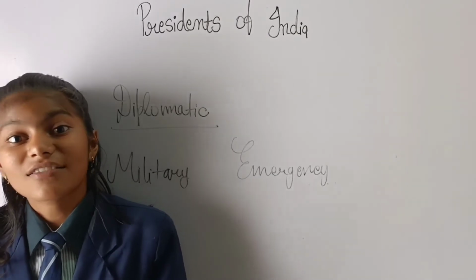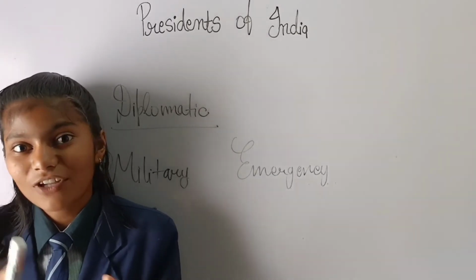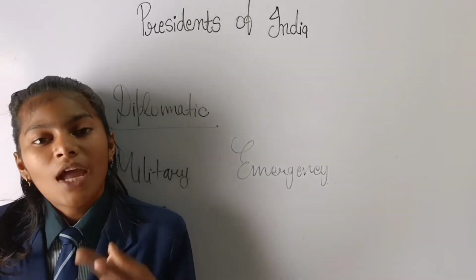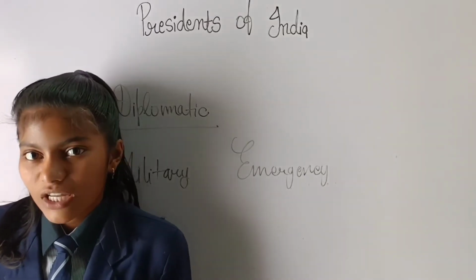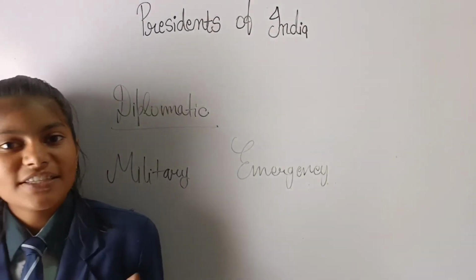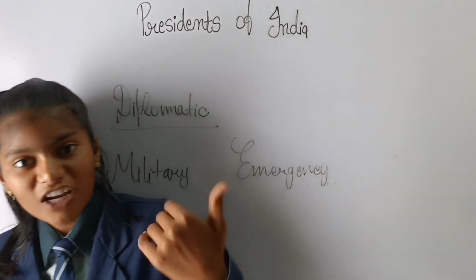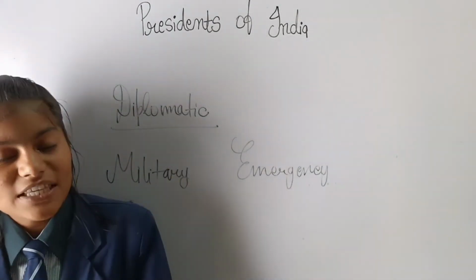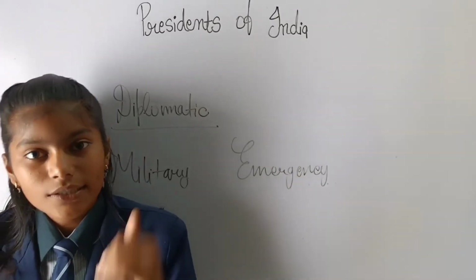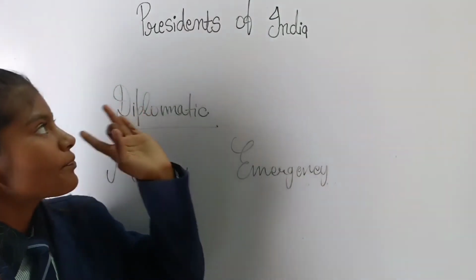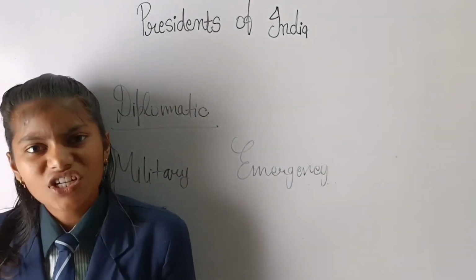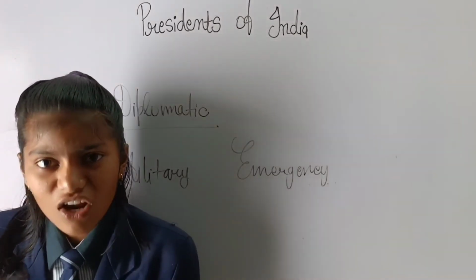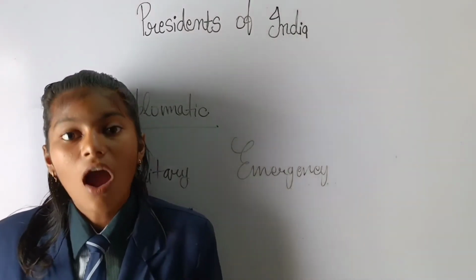If somehow an emergency is applied on Rajasthan, that will be the state emergency. And next is the financial emergency, which happens in the time of financial crisis. Okay, so this is emergency. The president can declare an emergency, national or state or financial or any particular area.